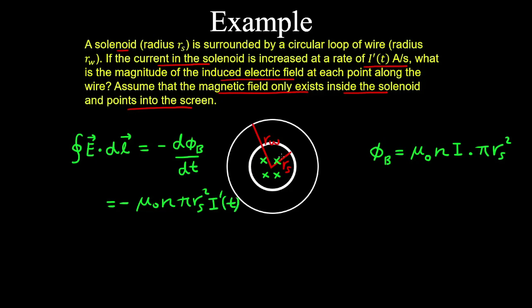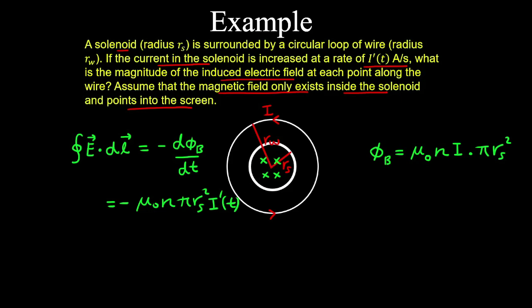So given that the current in the solenoid is being increased, then that's going to cause an increase in magnetic flux into the screen. So therefore the current in the loop of wire is going to be anti-clockwise by the right hand rule to produce a magnetic field out of the screen which opposes the change in magnetic flux into the screen.